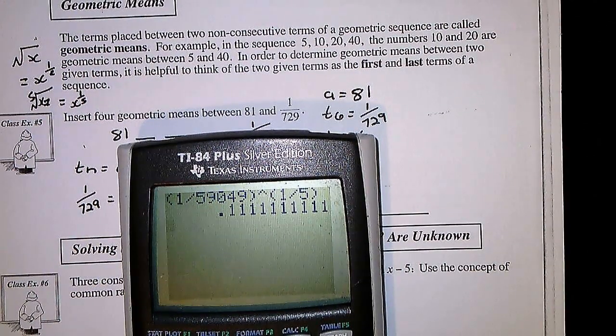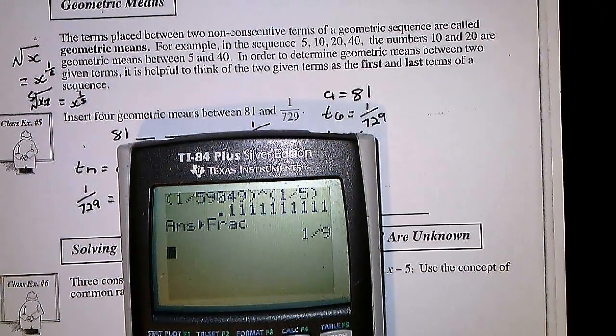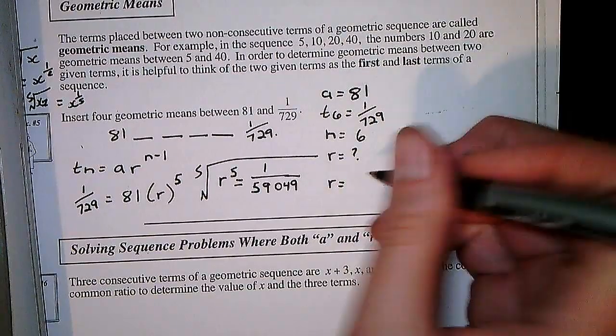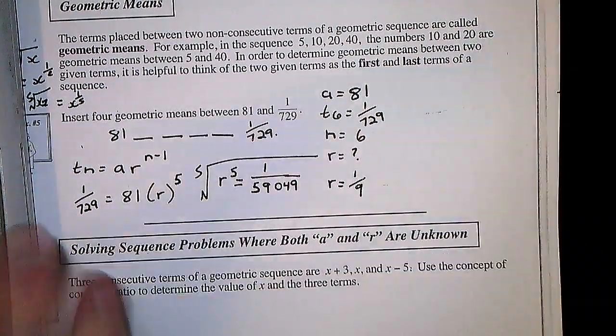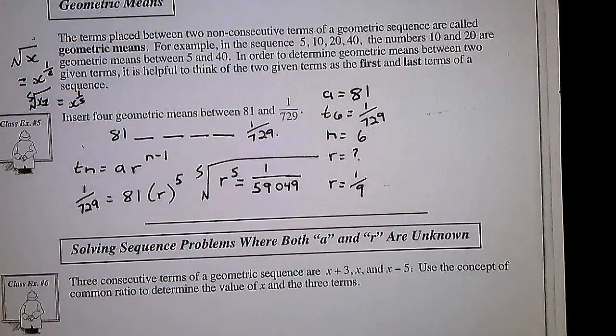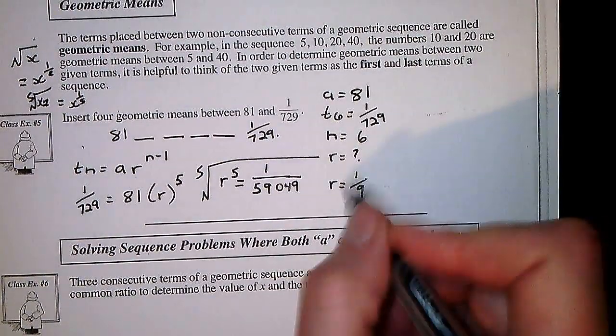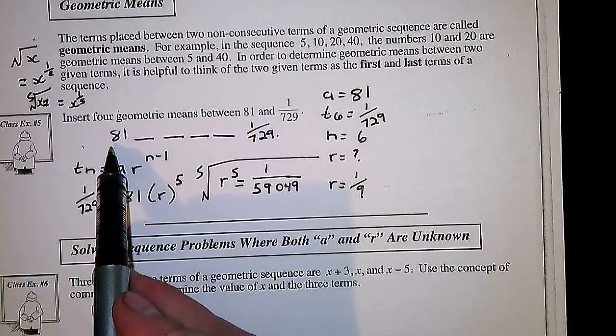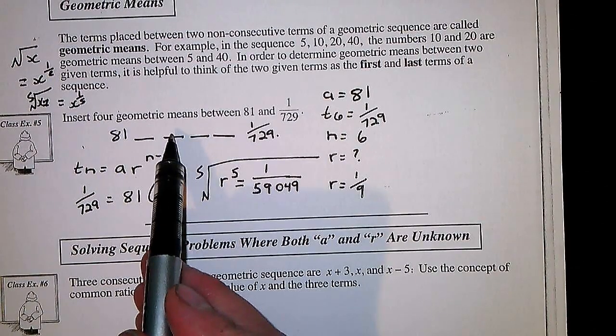So I have 1 over 59,049 to the exponent of 1/5. I get 0.1111, which is equivalent to 1/9. So my common ratio is 1/9. That's what I can use to go and figure out what my missing terms are.